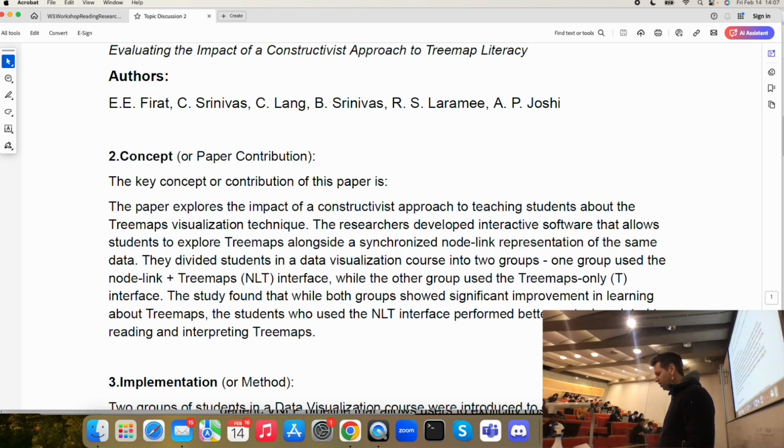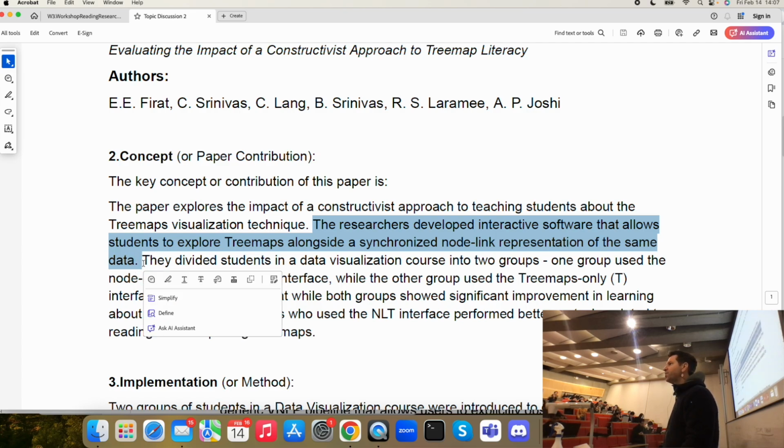So this is too much. This concept is too much. So look, does anybody know where this sentence belongs? This sentence belongs in the implementation. This is not about the concept anymore. This is about the implementation.